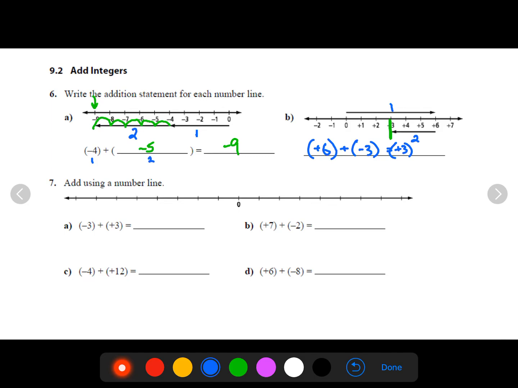All right, number 7, add using a number line. So I'm going to fill in the numbers here first, I think. So -1, -2, and keep going. Here we go, +5, almost done.